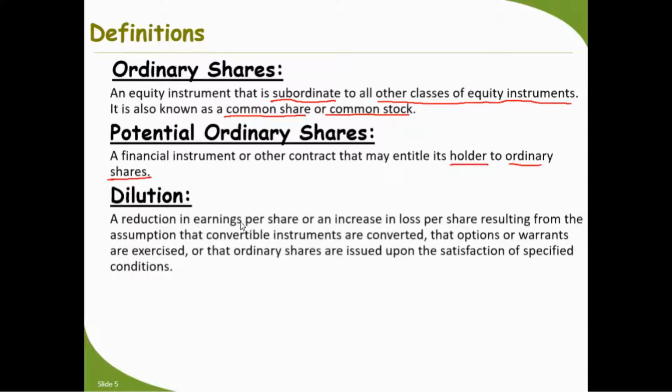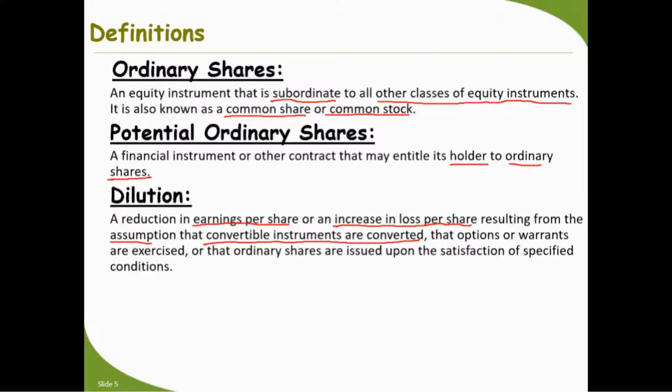This is a reduction in EPS or increase in loss per share resulted from the assumption that convertible instruments are converted. Like I have talked in my last session under financial instruments, what are convertible instruments?